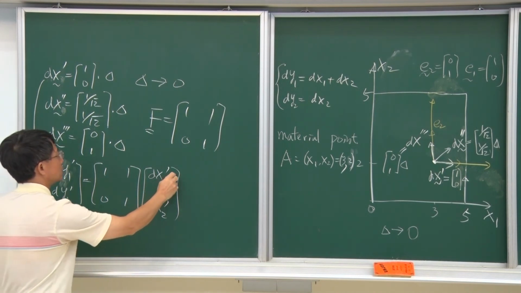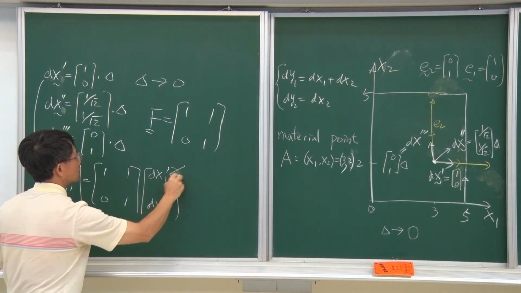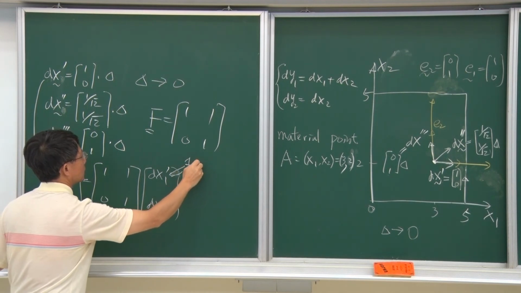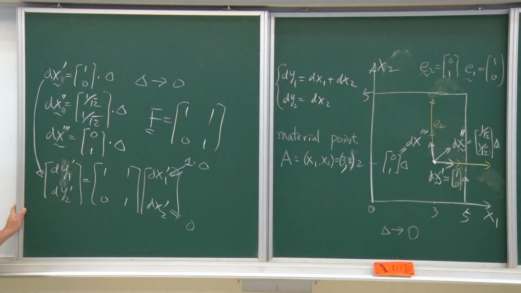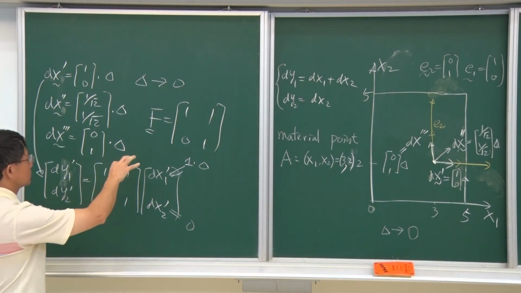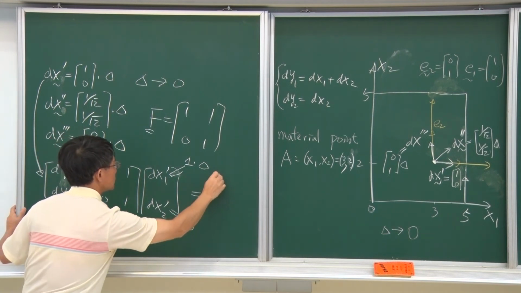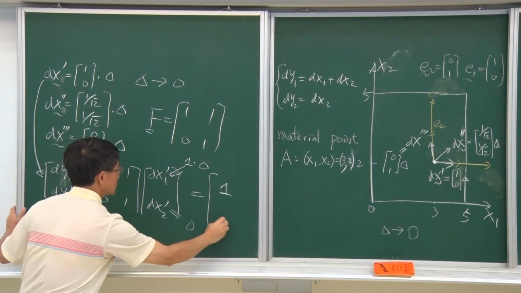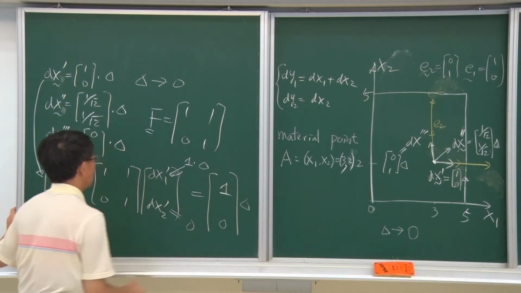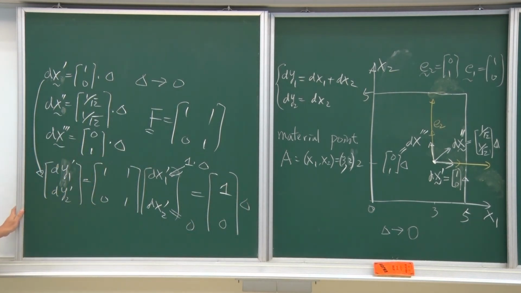It goes to (1, 0) delta, and then (1, 1) delta. Okay, you deform in this way.